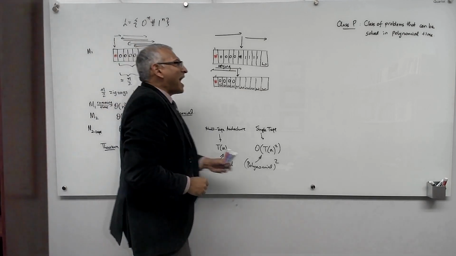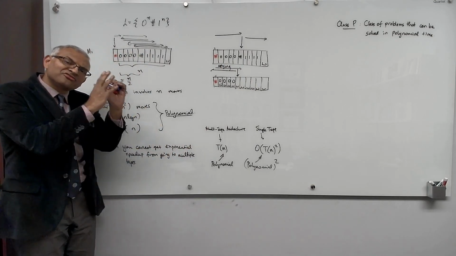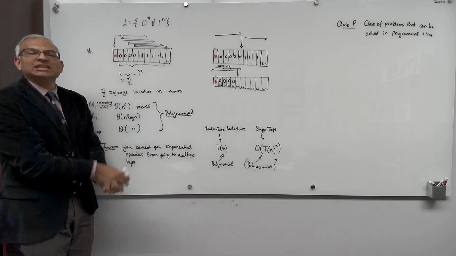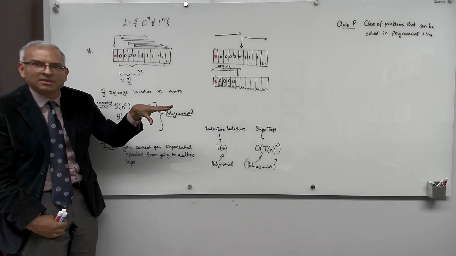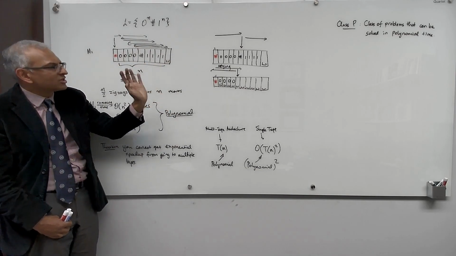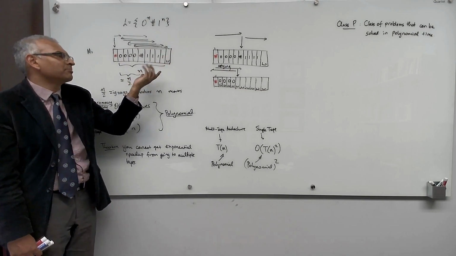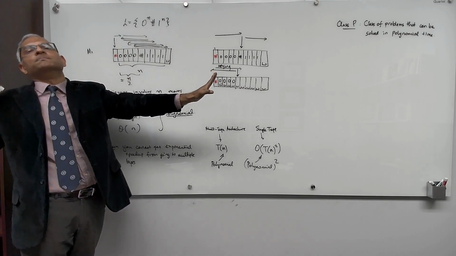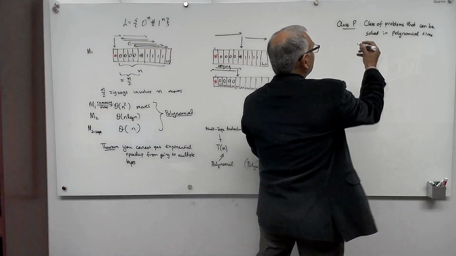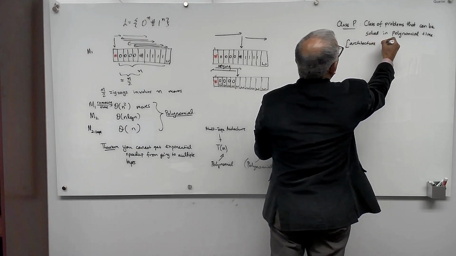This means that we have a notion of fast that is architecture independent, and that is why polynomial has stood the test of time. If something is not polynomial on my architecture, you can't break that by just going to parallel. You need something fundamentally new. So polynomial is architecture independent.